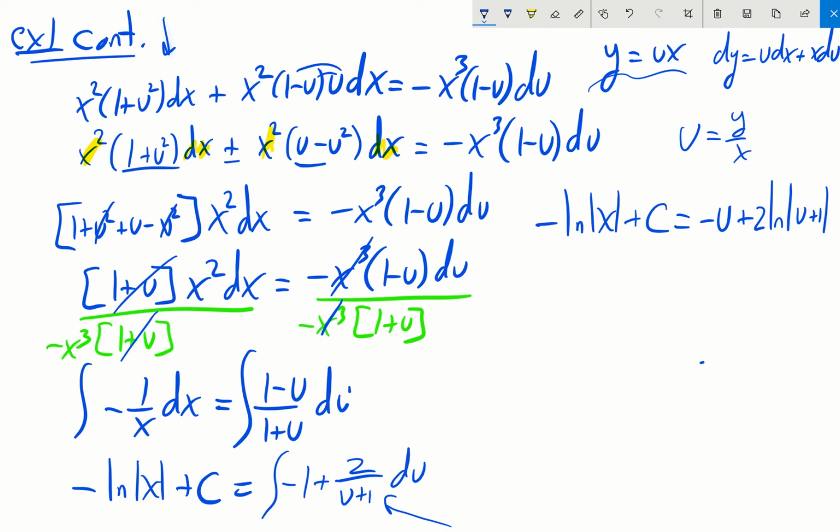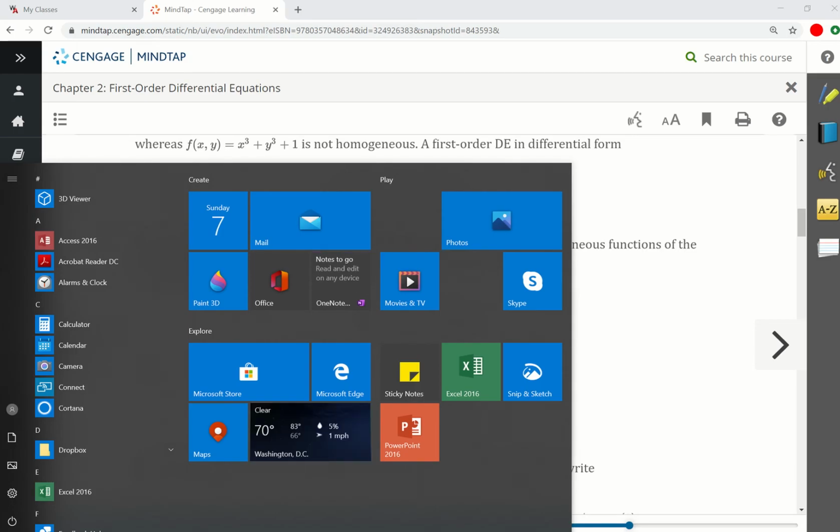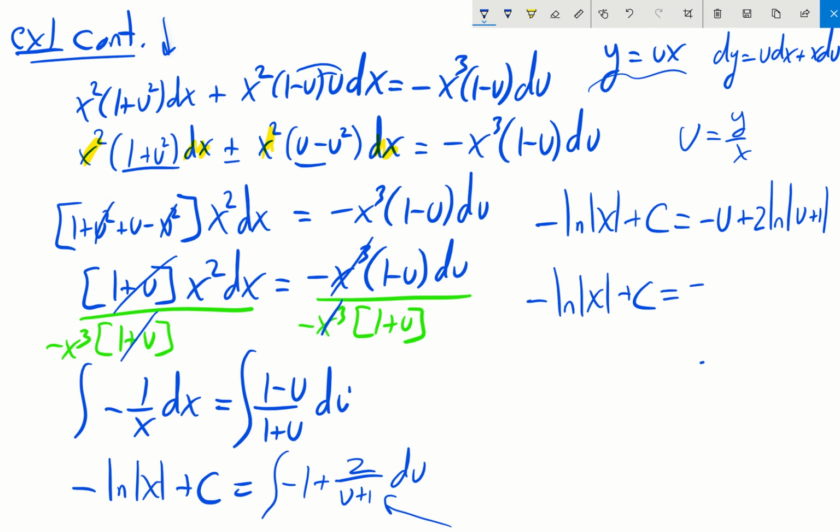So we have the negative natural log of the absolute value of x plus c is equal to the negative of y over x plus 2 times the natural log of the absolute value of y over x plus 1.